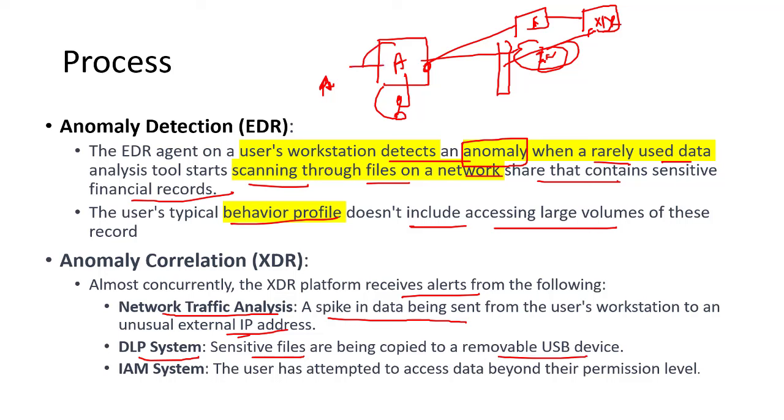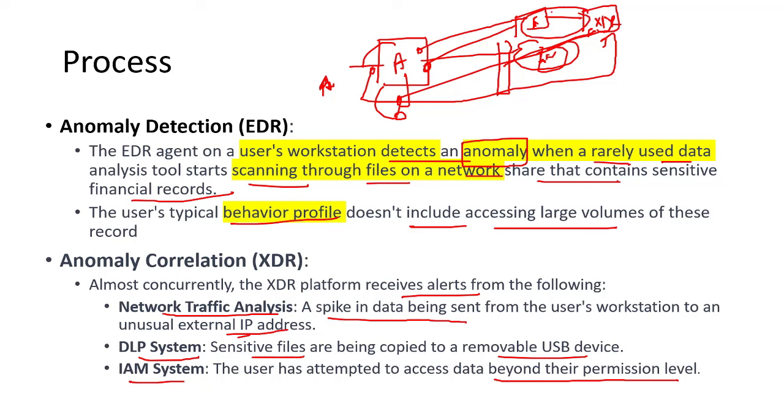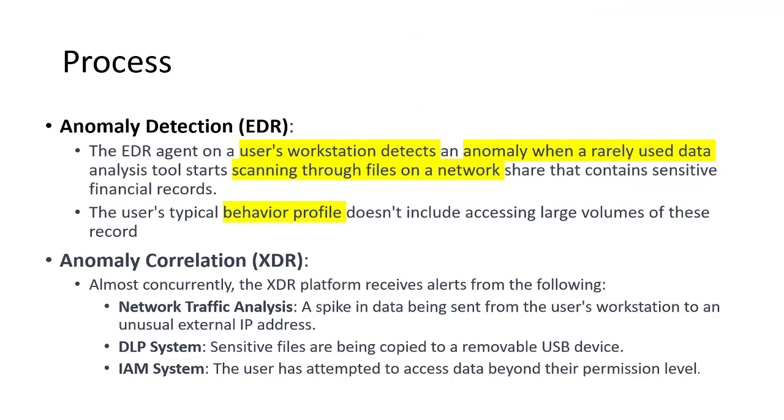Here we have a pen drive, and he copied the data. So DLP also sends the log records to the XDR. The IAM system also reviewed that there was access to data beyond the permission level. So all this information goes to the XDR, and EDR sends its activity as well. They combine the activity, and they find something is suspicious.